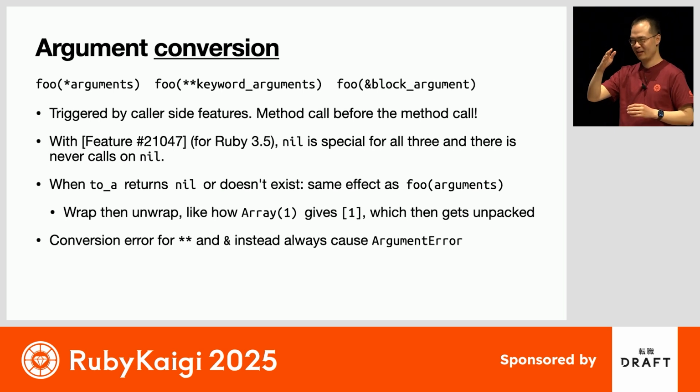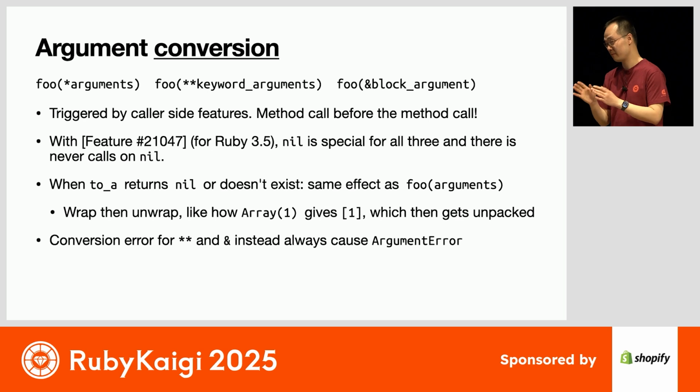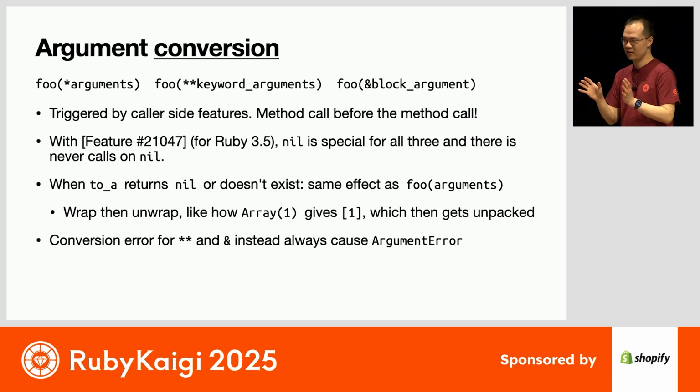This effect falls out of 2 steps. First, it tries to do the conversion and it fails. And to handle that error, it wraps the failed to convert object in a single element array. And then, like usual splat situations, it unpacks the array.